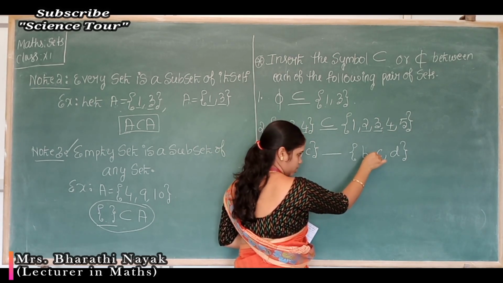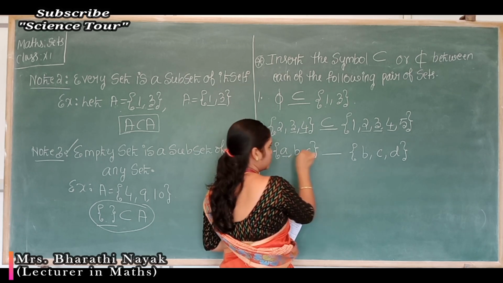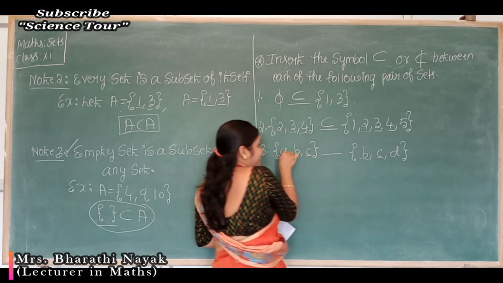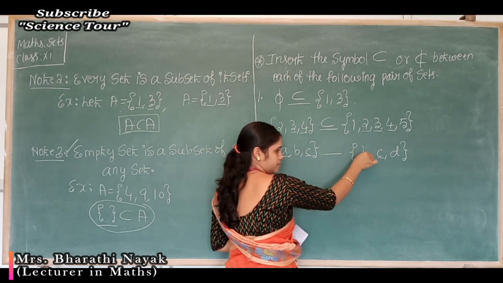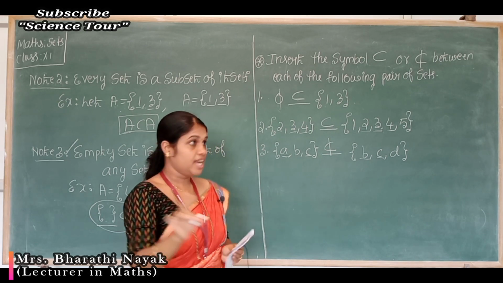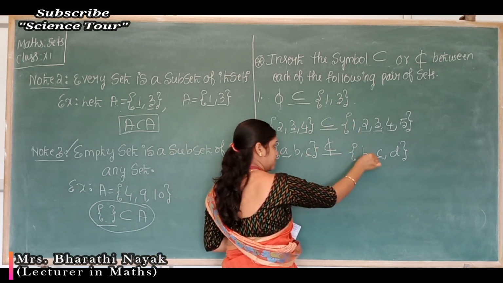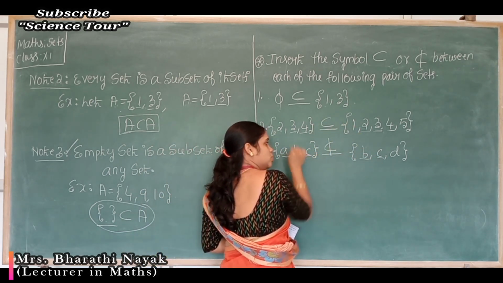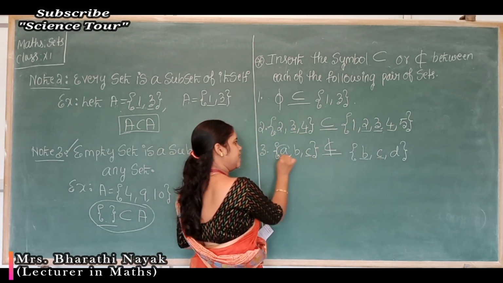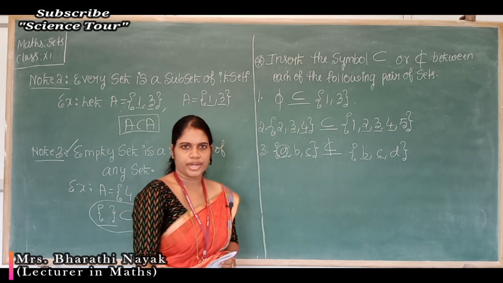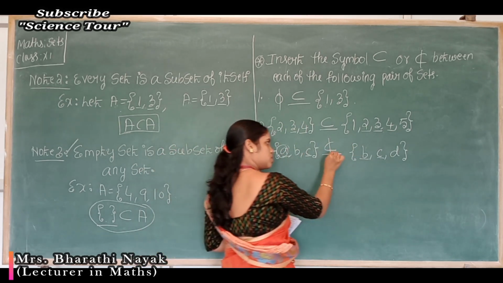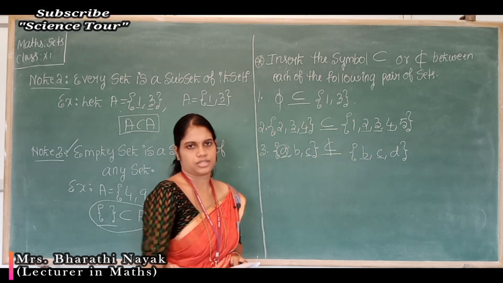No, not there, isn't it? Next b, do you have b? Yes. Next c, do you have c? Yes. But that element a is not there, isn't it? So therefore does not contain. Okay, to say it is contained in another set, all these 3 elements should exist in the second set. Okay, but here except a, remaining 2 elements are included, isn't it? But element a is not there, so therefore does not contained in the second set.